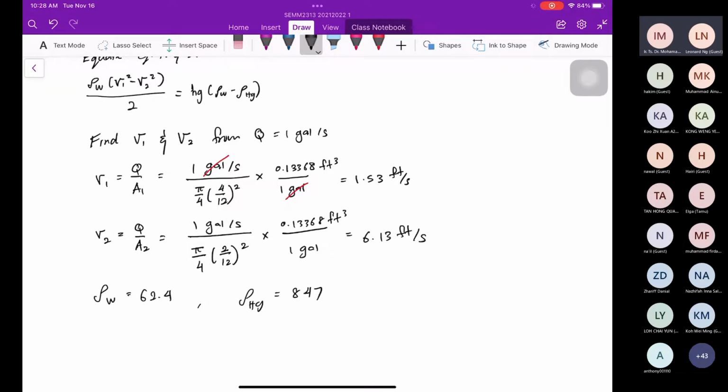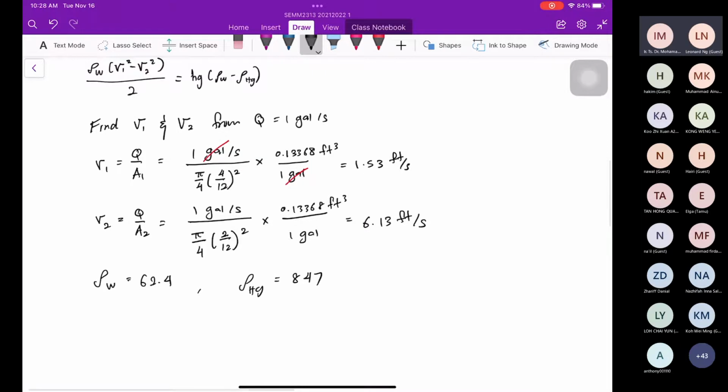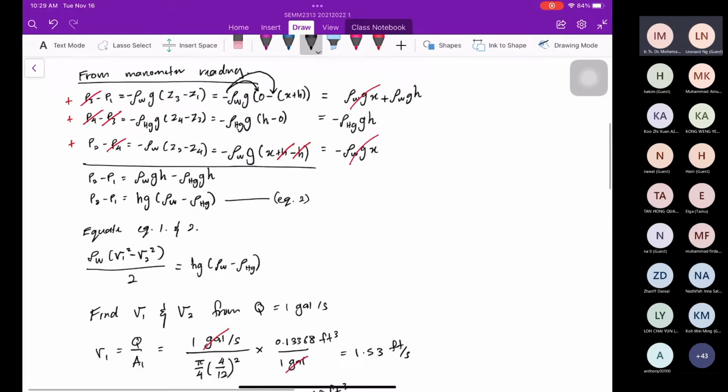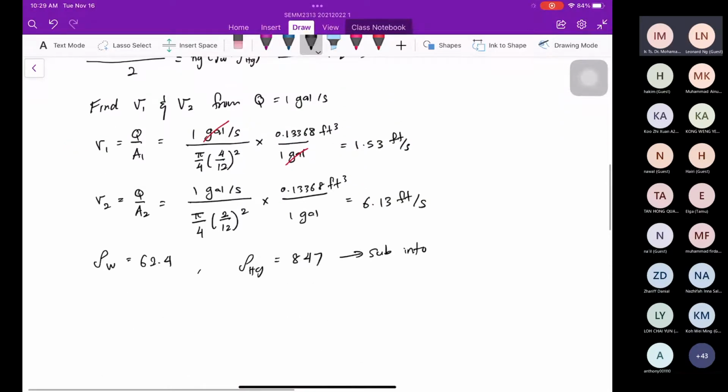Make sure you use the imperial unit. Just substitute into, let's say this is equation 3.